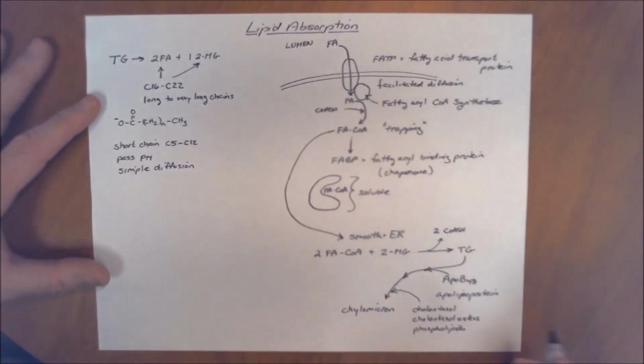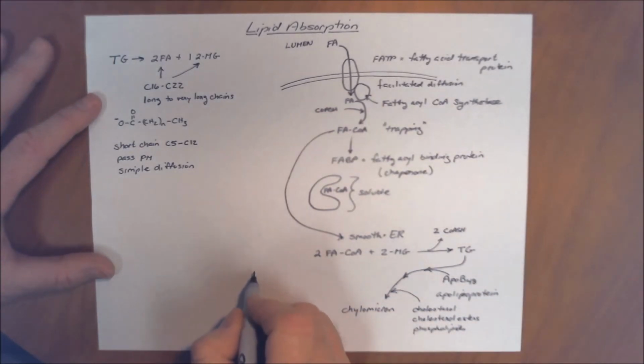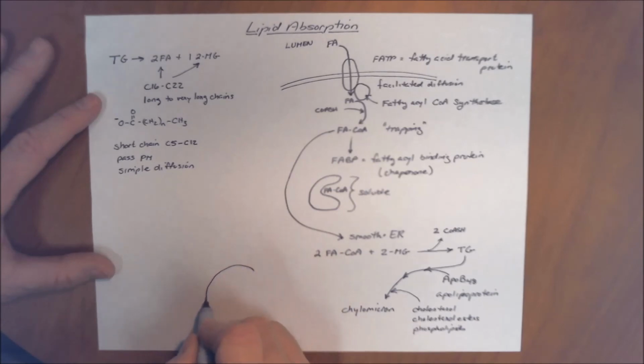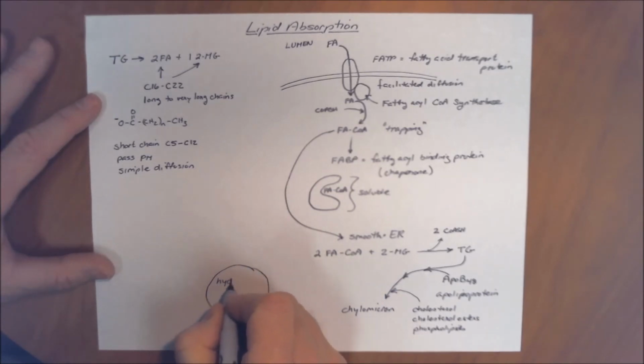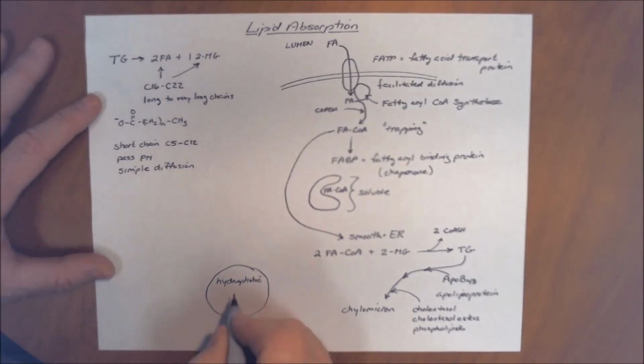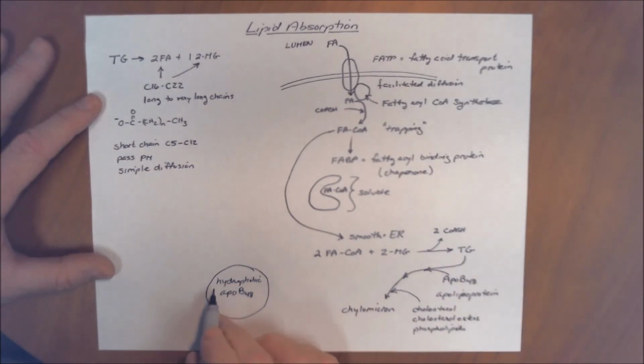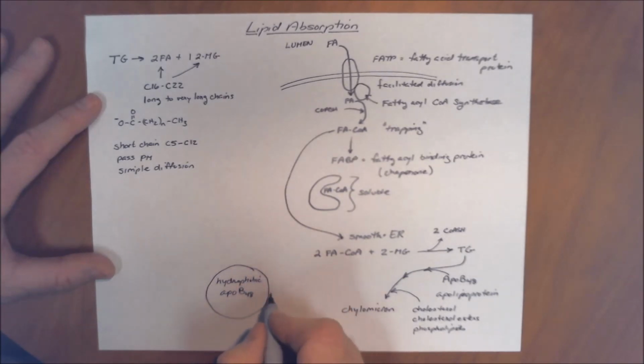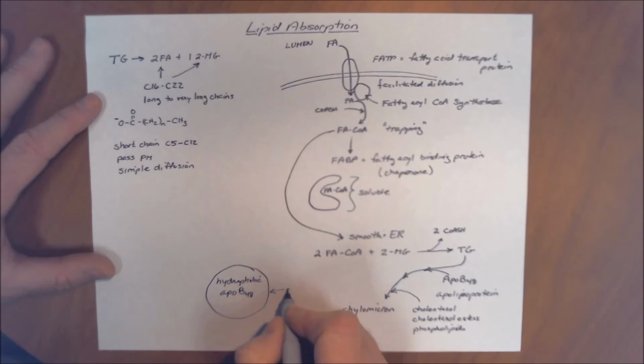Chylomicrons are very, very, very large structures. They have a hydrophobic core, the ApoB48 protein is located within this hydrophobic core, cholesterol tends to be on the outside.